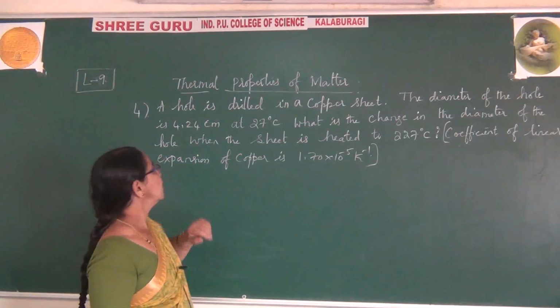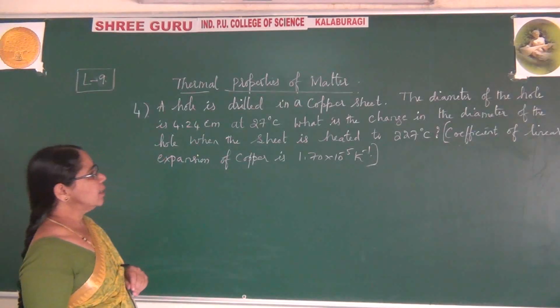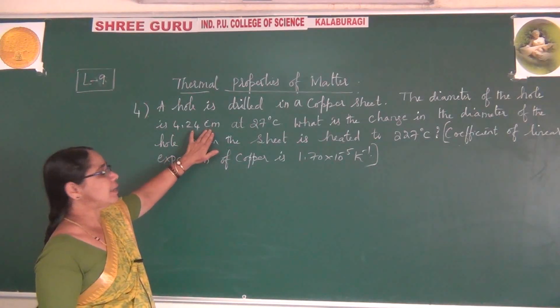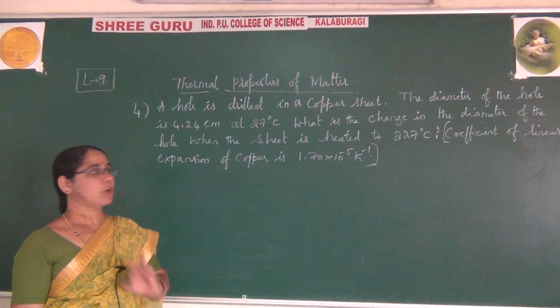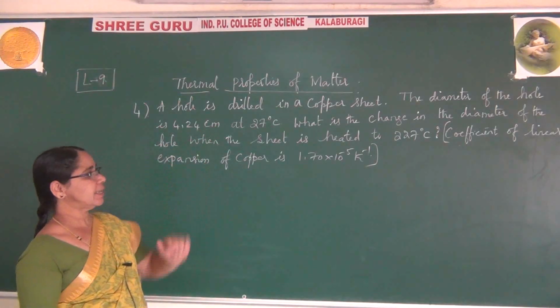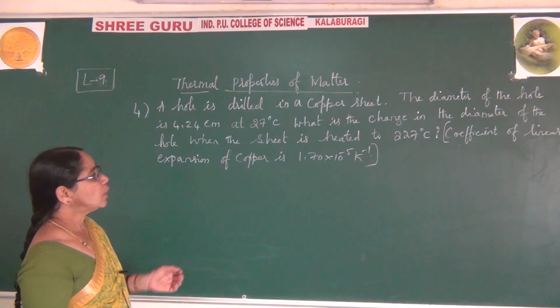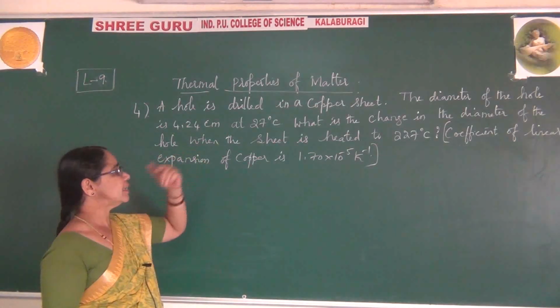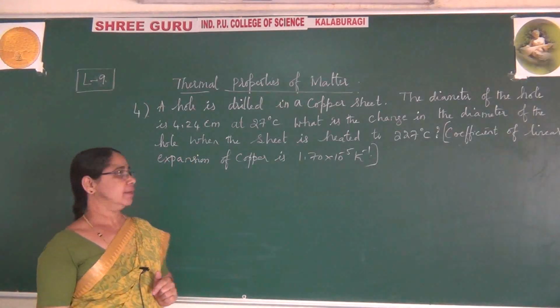In this problem they have given a copper sheet, and this copper sheet has a hole with diameter 4.24 centimeter at 27 degrees centigrade. Now what is the change in the diameter of the hole when the sheet is heated to 227 degrees centigrade?